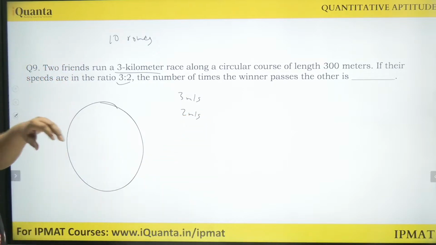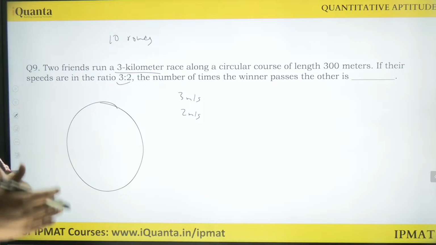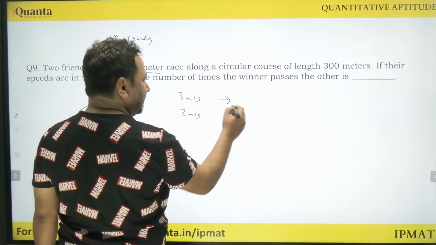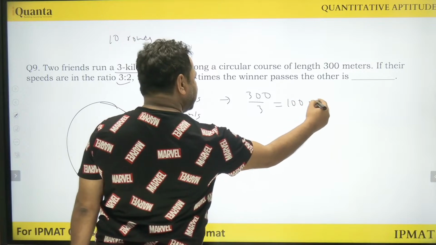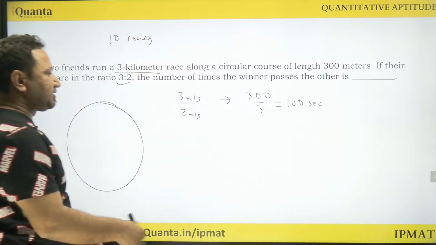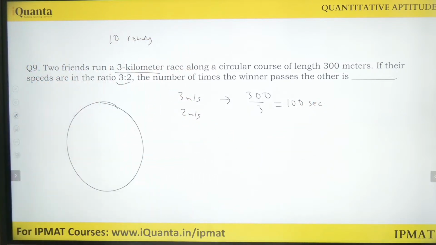Winner will pass the other only after completing one complete track, that is of 300 meters, isn't it? So winner would have run 300 upon 3, that is 100 seconds. In 100 seconds, he must have passed the loser. Is that fine?